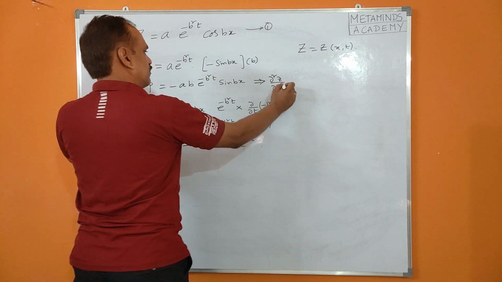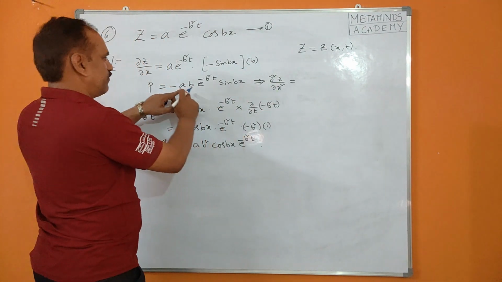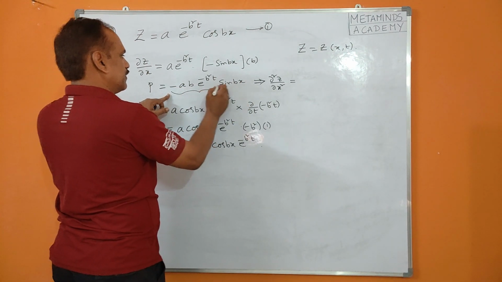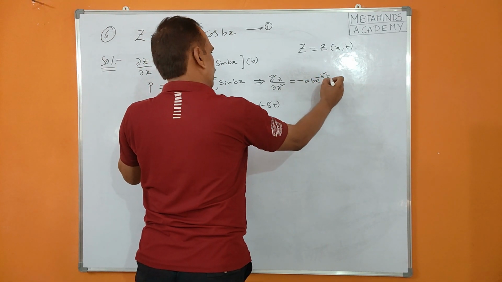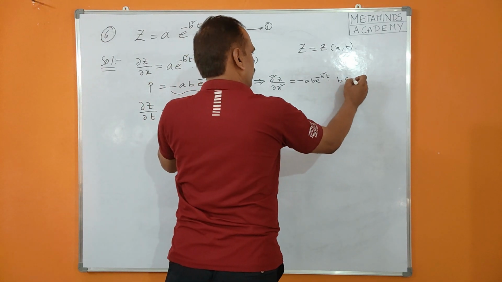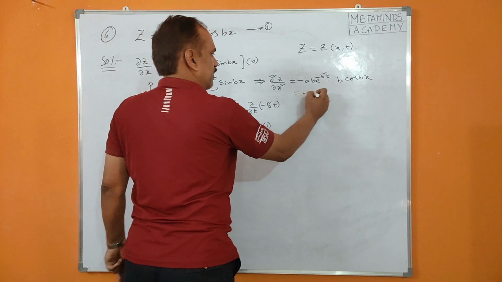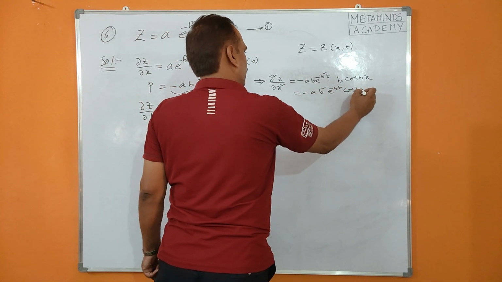Dou square z by dou x square equal to, differentiating this with respect to x, this is constant, minus ab e power minus b square t, derivative of sin bx is b cos bx. So it is minus ab square e power minus b square t cos bx.